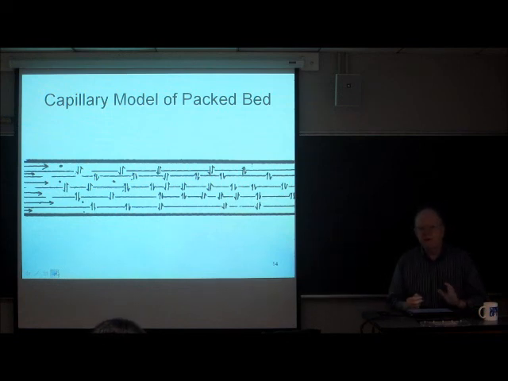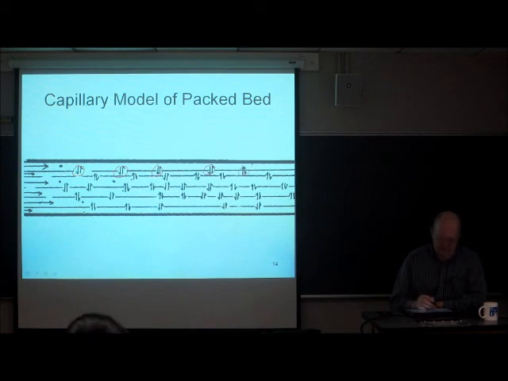But that's an unrealistic model because it really is packed with particles. So you have to imagine that the tubes are randomly connected to one another so that material can exchange between the different tubes, either by diffusion or by convection.